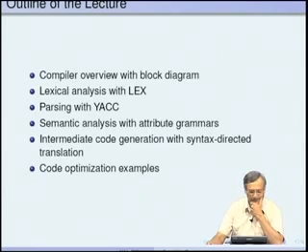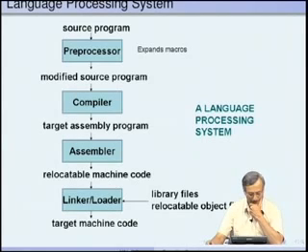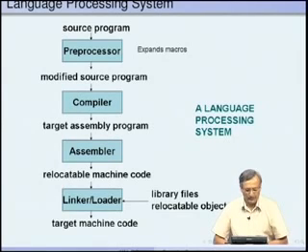So, let us begin with a block diagram of what is known as a language processing system. So, in a language processing system, the source program, for example, goes through a preprocessor. For example, in a C program you have a number of macros such as hash define, hash include and so on and so forth.